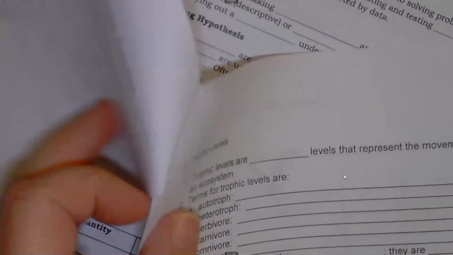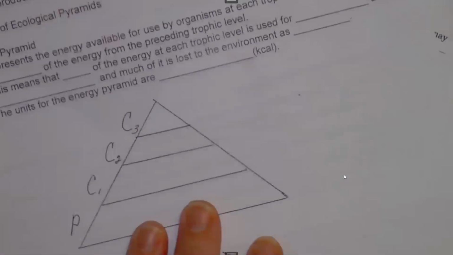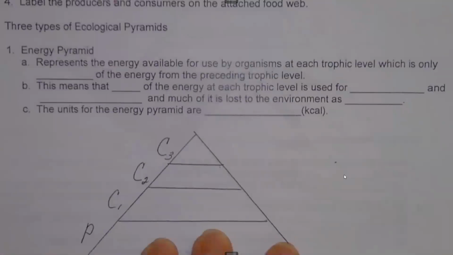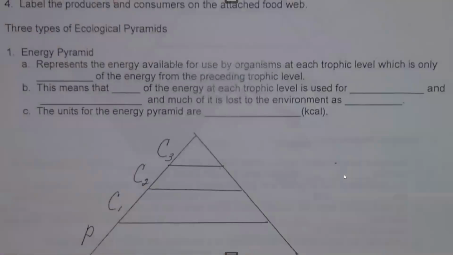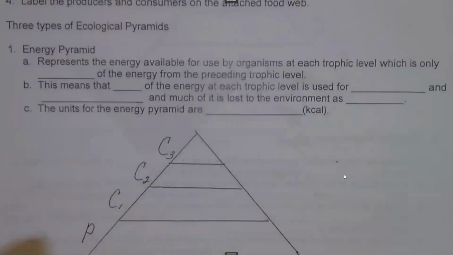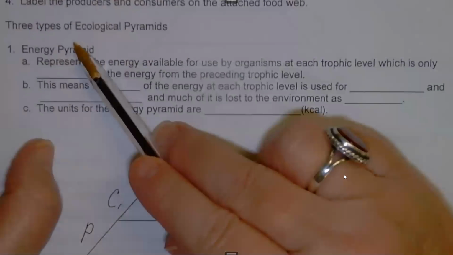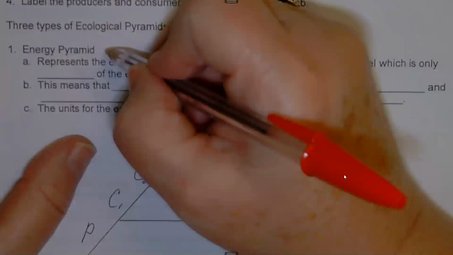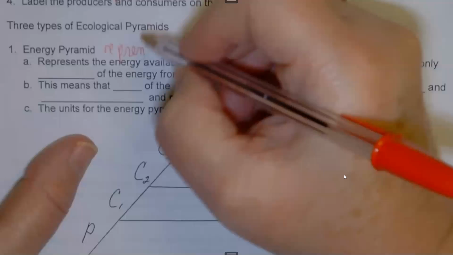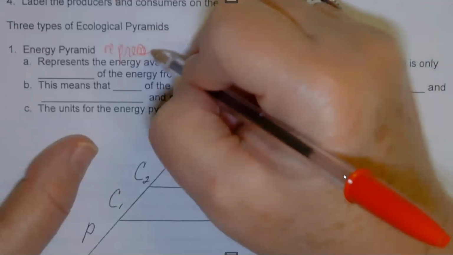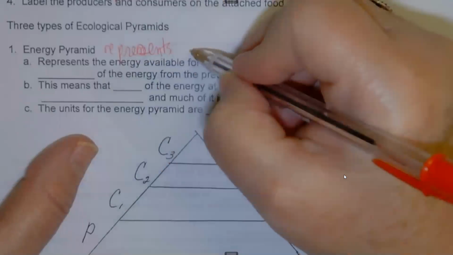All right, we're going to look at ecological pyramids. There are three different types of ecological pyramids, which are pyramids that represent the flow of energy and the organisms that live in a particular ecosystem. So the first one is the energy pyramid, so it represents energy flow or energy use.